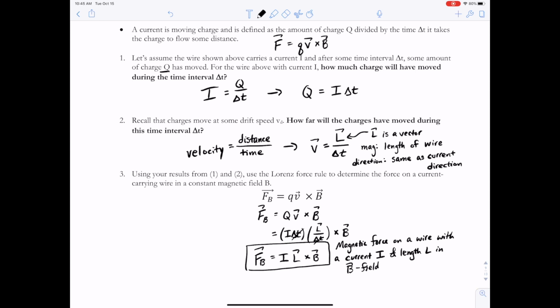And so force, as always, is a vector quantity, and we need to know its direction, and that's simply found using our right-hand rule for cross products. So direction is found using right-hand rule for cross products.